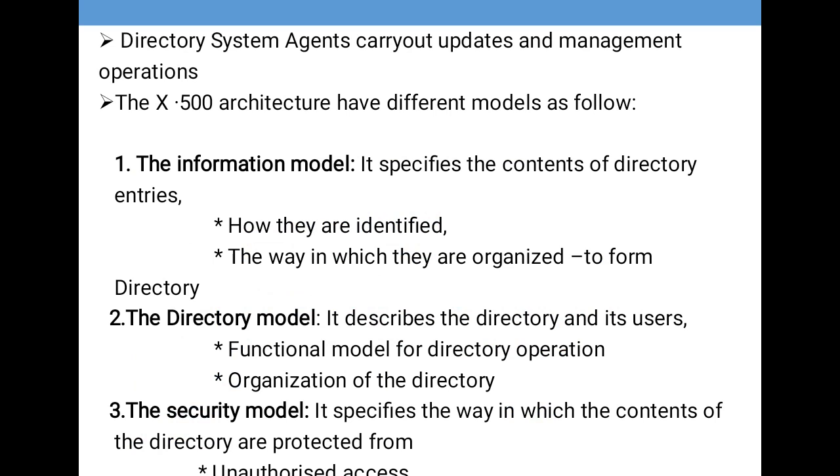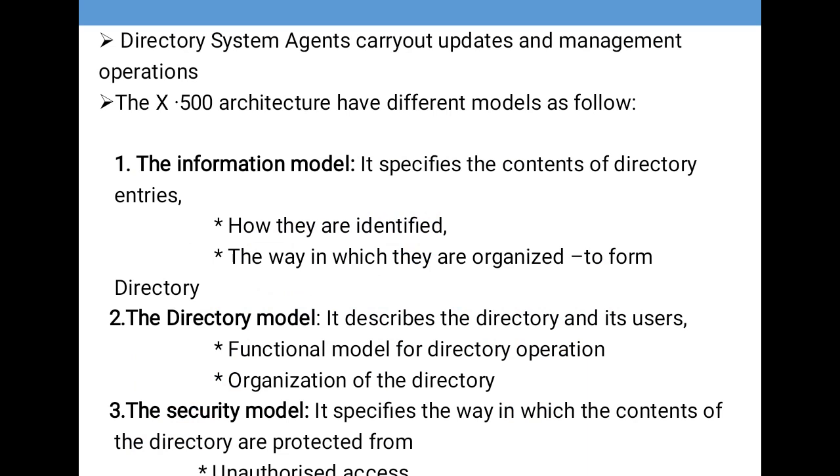The directory system agent carries out update and management operations, where it consists of different models: information model, directory model, and security model. The information model specifies the content of directory entries, such as how they are identified and the way in which they are organized to form the directory.